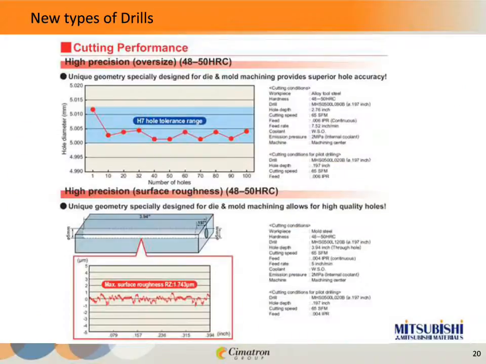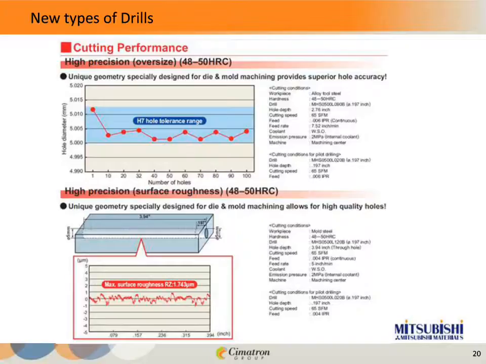Okay, so the next few slides are just going to be some examples of cutting performance. We're going to look at the tolerance for size, the surface roughness. In this example, I believe we're using a 5mm drill, and this shows a little range of the tolerance.